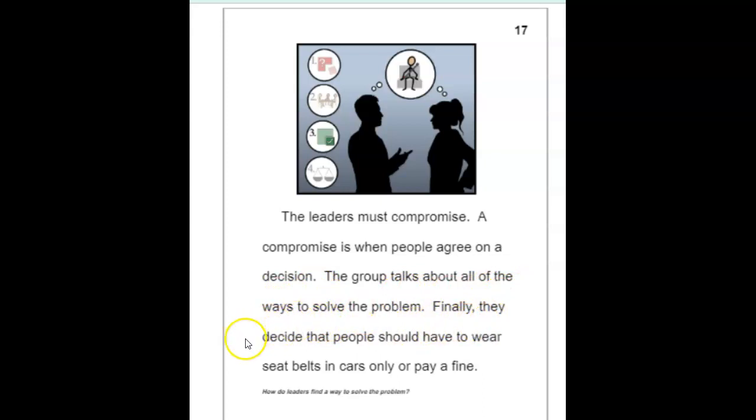Finally, they decide that people should have to wear seatbelts in a car only or pay a fine. So, my question is, how do leaders find a way to solve the problem? Do you have an answer?